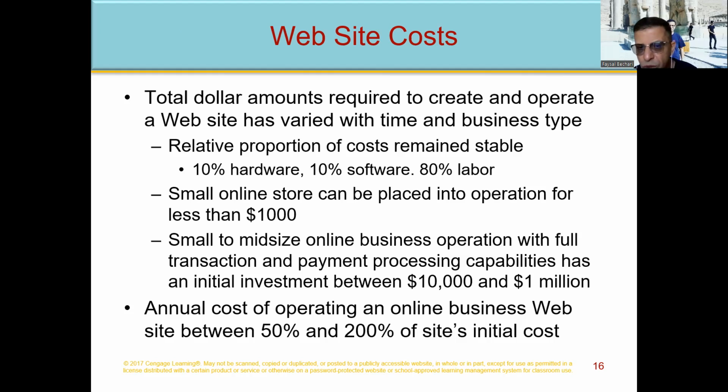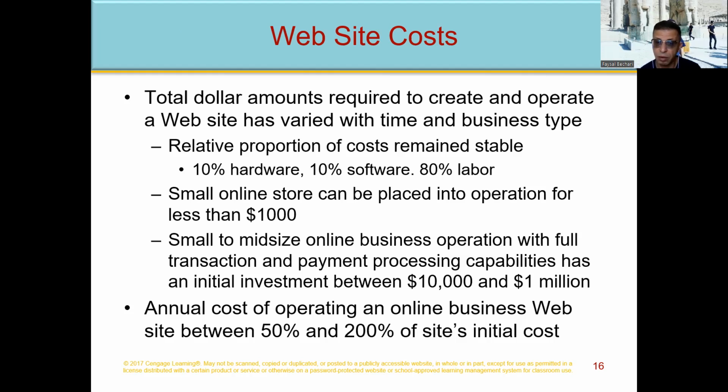Small online stores can be placed into operation for less than $1,000, development and all these things. You can see these ads in the street sometimes. A small to mid-size online business operation with full transaction and payment processing capability has an initial investment between $10,000 and $1 million, plus the annual cost of operating.